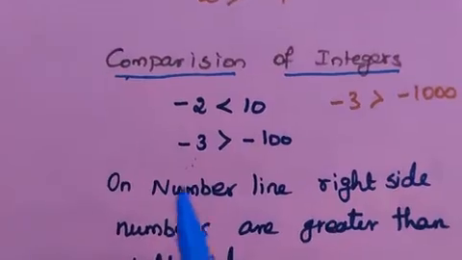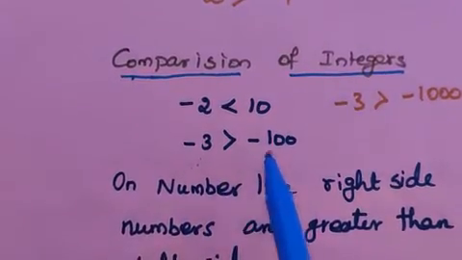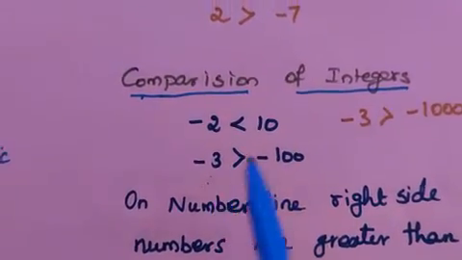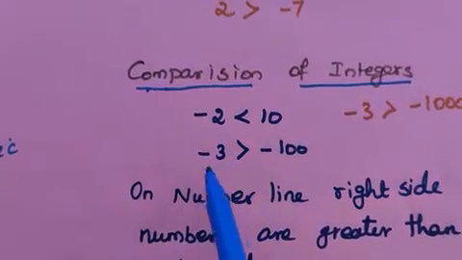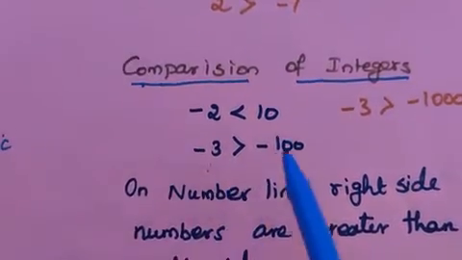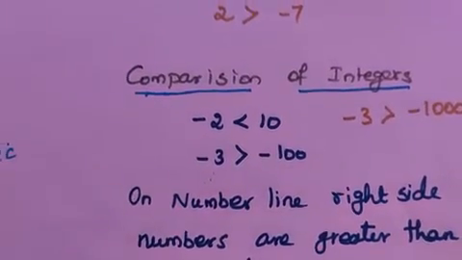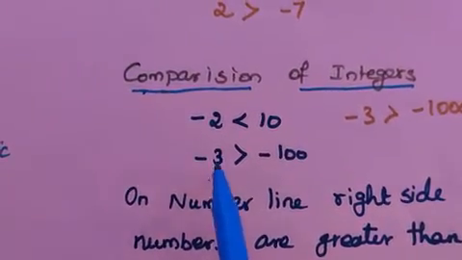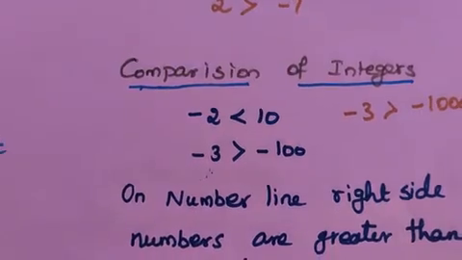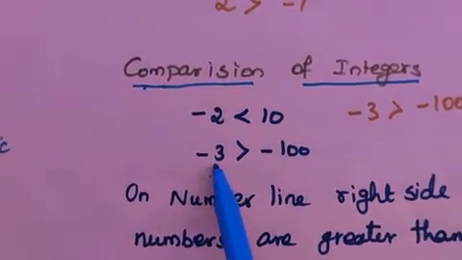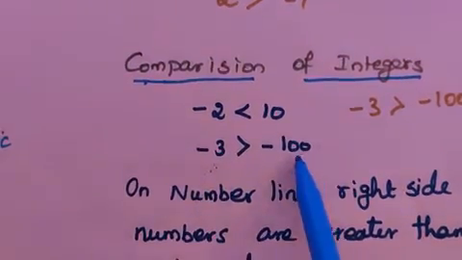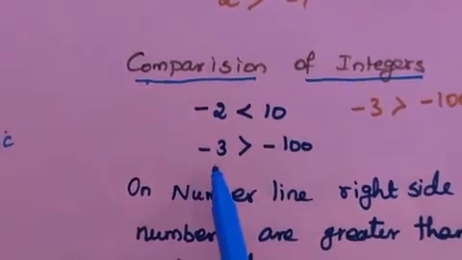The same way, but if both the numbers are negative, then what happens? If both the numbers are negative, you have to check which number is less in value. That is, minus 3 is greater than minus 100. How? Always I said, whichever number lies on the right side of the number line is greater in value. So minus 3 is lying on the right side of minus 100, so that is greater.